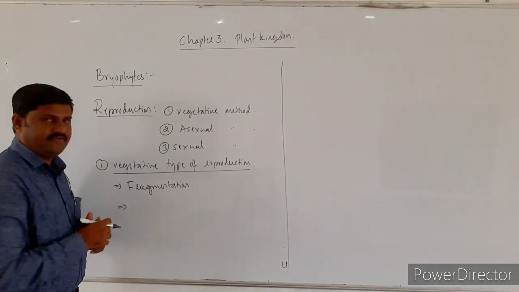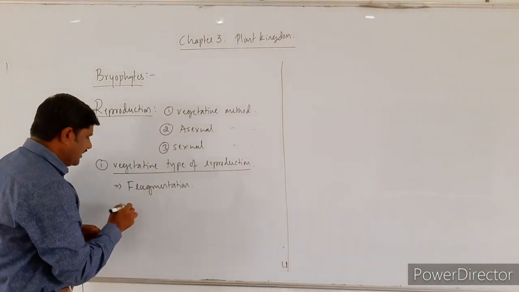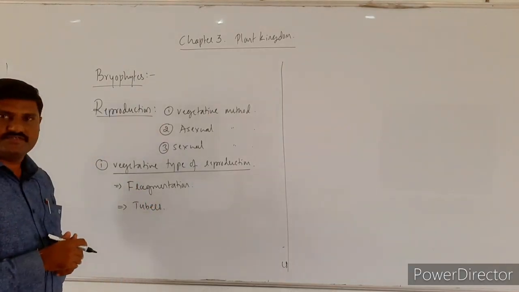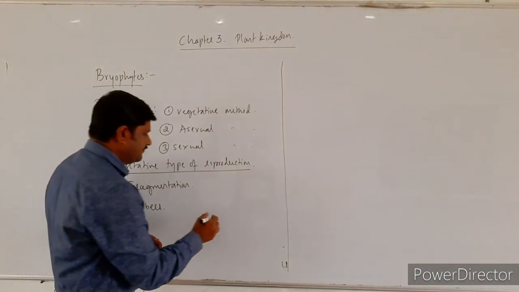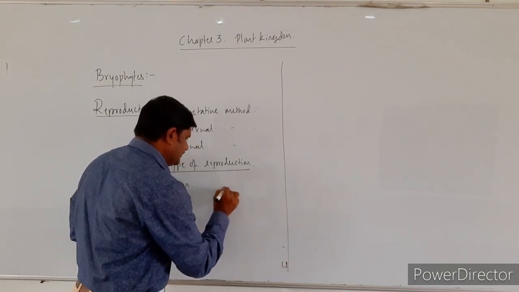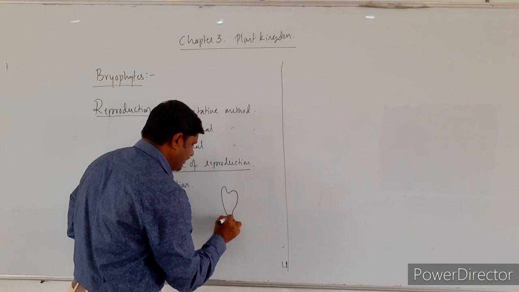The second method is by making tubers. What are these tubers? As you are observing here, the plant body is dichotomously branched.